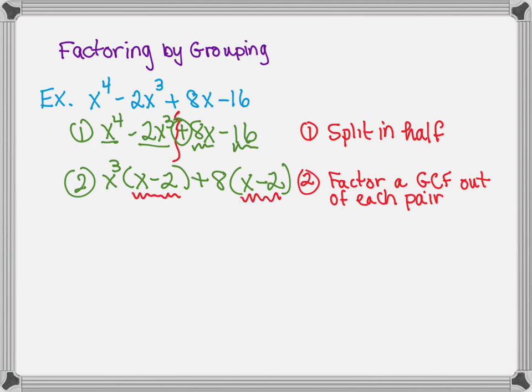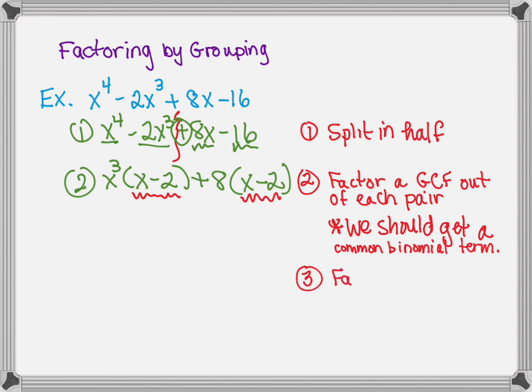So you'll notice I have a common binomial term here. We should get a common binomial term here. If we don't, we did something wrong. Now we're going to factor out the common binomial term.